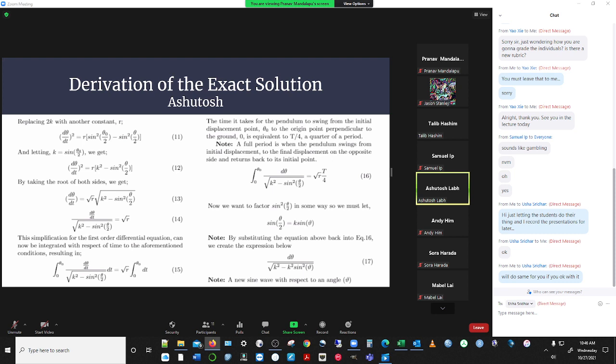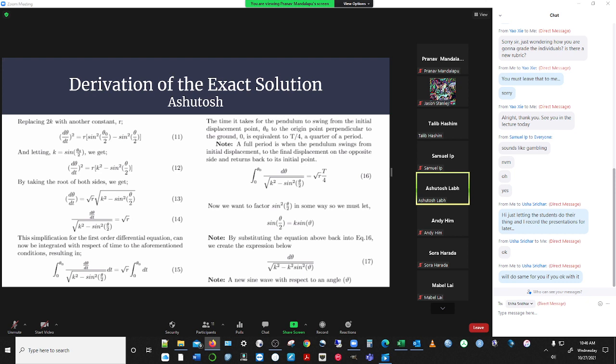So the time it takes for the pendulum to swing from the initial displacement point theta subscript 0 to the origin point perpendicular to the ground, 0, is equal to T on 4, a quarter of a period. A full period is when the pendulum swings from the initial displacement to the final displacement on the opposite side and returns back to its initial point, T. So that's how we got T over 4.